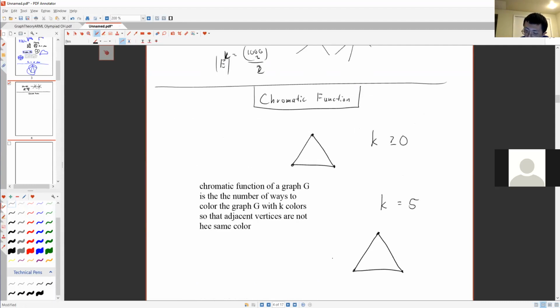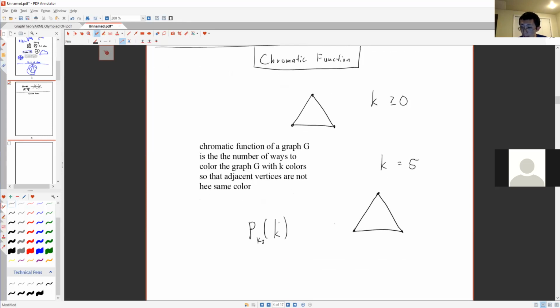So I'll denote this P of K3 of k. Well, basically, it's the same problem as before, but instead of finding the minimum number of colors, you're allowed to have k colors.